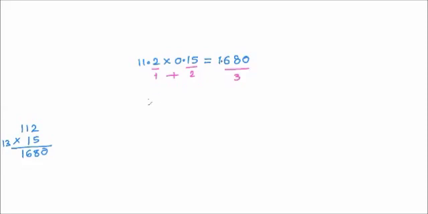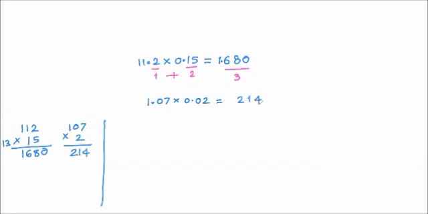1.07 multiplied by 0.02. So let's do the rough calculation without the decimal points, which is 107 multiplied by 2, and that gives us 214. Let's write 214.